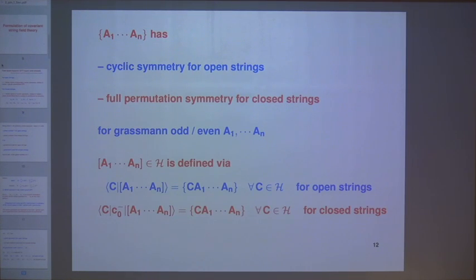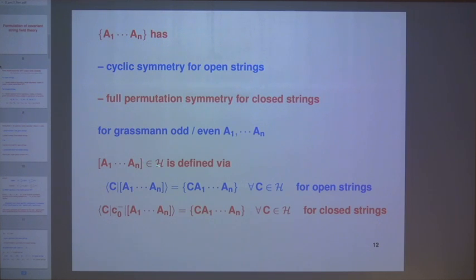Now, with appropriate definition, one can show that this product, this n string product, this is a number constructed out of n string fields. This has cyclic symmetry for open strings and full permutation symmetry for closed strings. Given this, which I defined earlier, we also defined a square bracket.